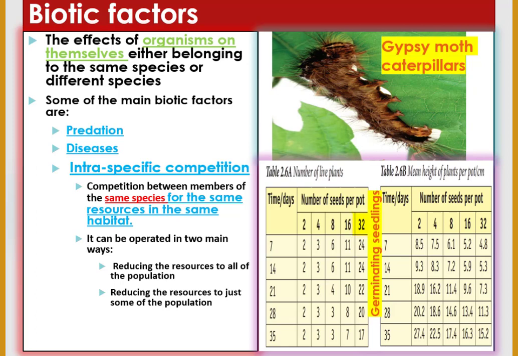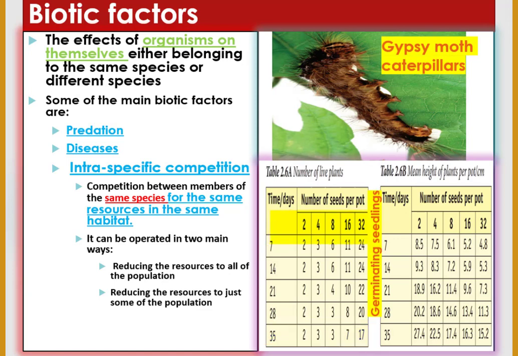As we can see from the results, after 35 days, 2, 3, 3, 7 and 17 seedlings germinated from the 2, 4, 8, 16 and 32 seeds sown in pot 1, pot 2, pot 3, pot 4 and pot 5 respectively, which means most of the seeds died off due to competition for nutrients.